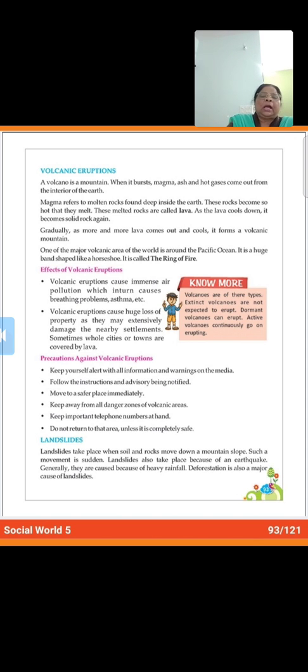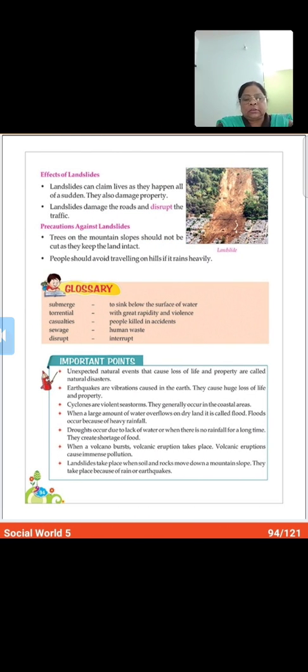Okay, and the effects. Now let me read the effects of landslide. Landslides can claim lives as they happen all of a sudden. They also damage property.